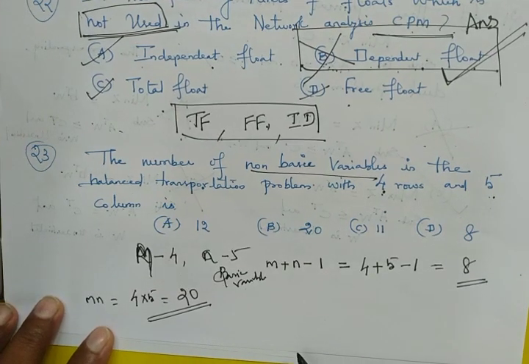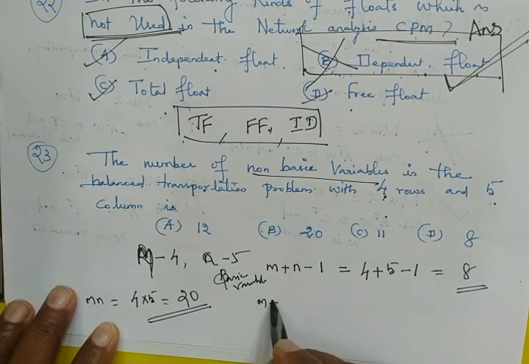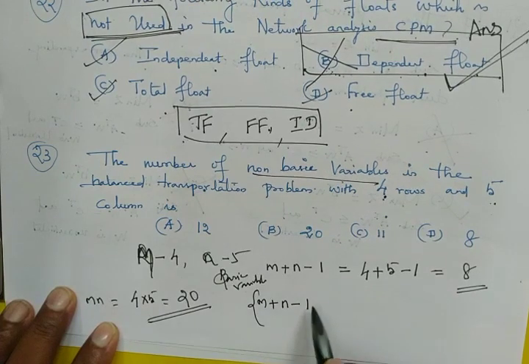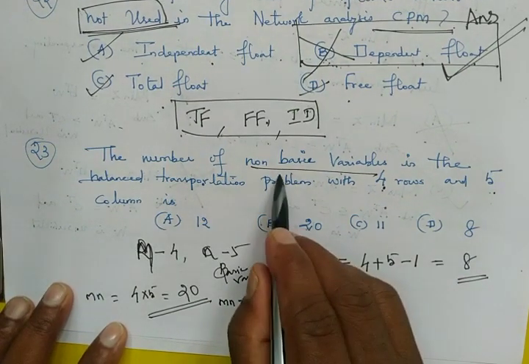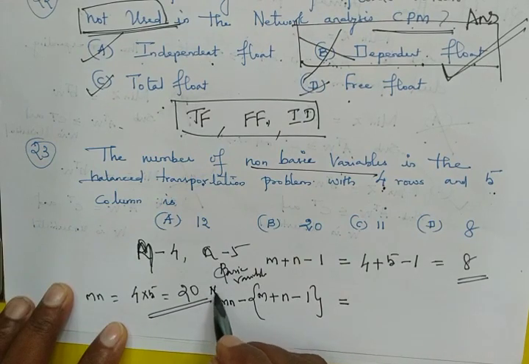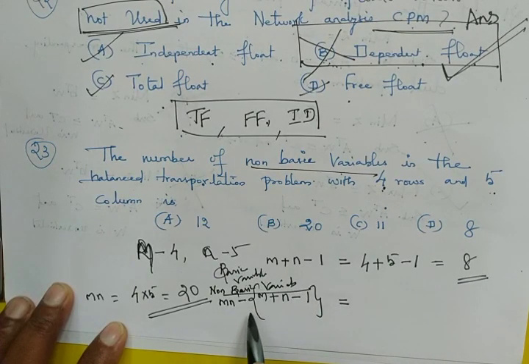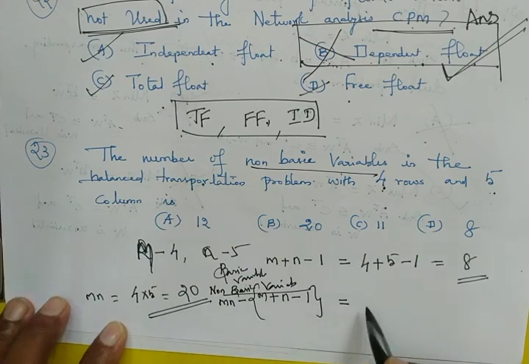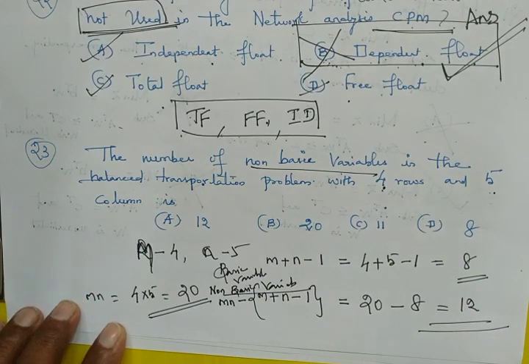Therefore the non-basic variables are mn minus (m plus n minus 1). mn is 20. 20 minus 8 is equal to 12.